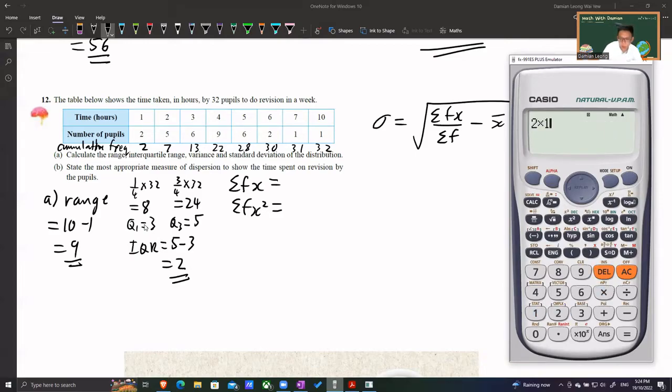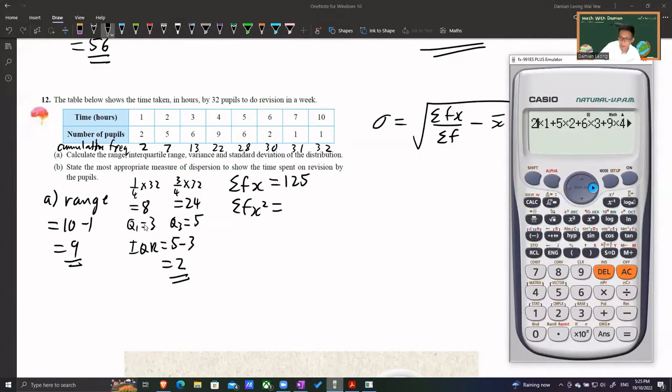So sum of fx means each frequency times the value: 2 times 1 plus 5 times 2 plus 6 times 3 plus 9 times 4 plus 6 times 5 plus 2 times 6 plus 1 times 7 plus 1 times 10. I get 125.